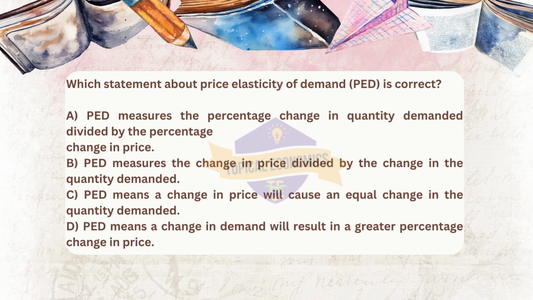Option C describes unit elasticity, where PED is exactly 1, which only applies in specific cases and is not a general description of PED. Lastly, option D incorrectly describes PED as a change in demand causing a greater percentage change in price, which does not define PED. Thus, option A correctly describes the calculation of PED.